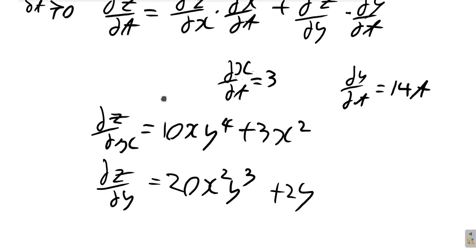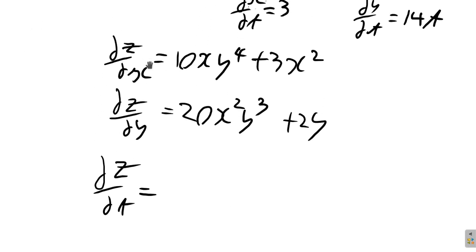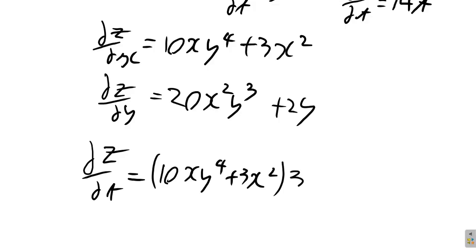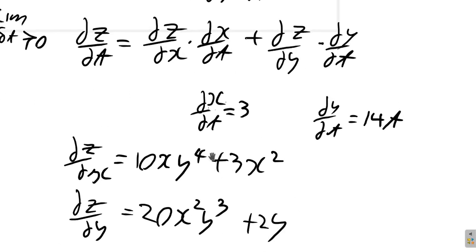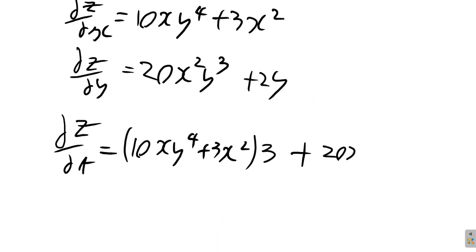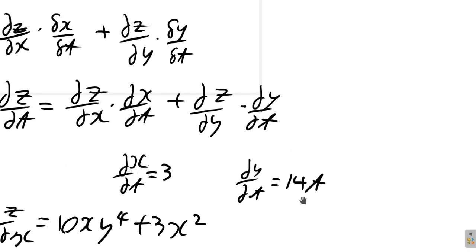Alright, so delta z by delta t now. Delta z by delta t is equal to delta z by delta x, which is 10xy to the fourth plus 3x squared, multiplied by delta x by delta t, which is 3, plus delta z by delta y, which is 20x squared y cubed plus 2y, multiplied by delta y by delta t, which is 14t.